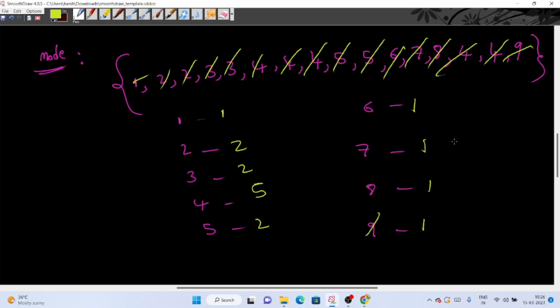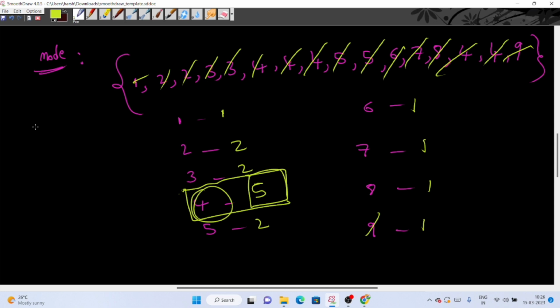After finding the count of all the values, let us find the maximum number of times a value has occurred. The maximum is 5. And see what the number is.